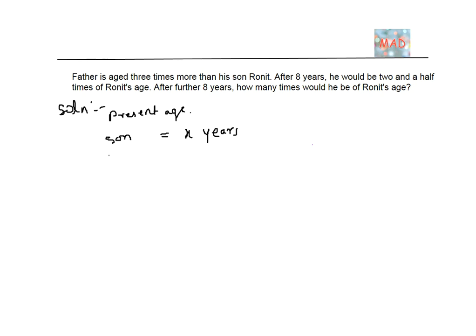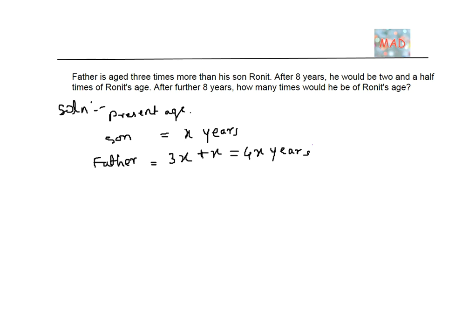And father is 3 times more than his son Ronit. 3 times more than his son Ronit means we have to take x plus 3x, as 4x years.